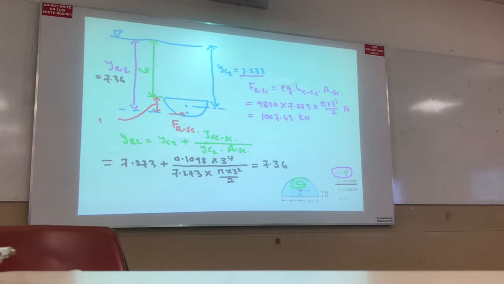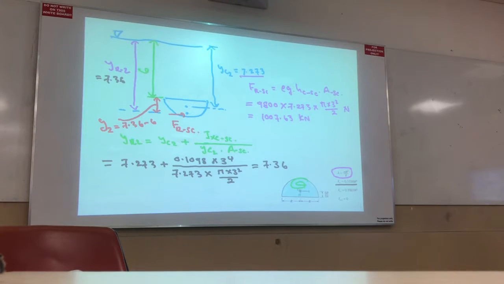You remember, this is Y2, which is equivalent to 7.36 minus 6, right? That means 1.36. Correct. Done. So my problem is solved. Correct? Done. Not very difficult. You have to work hard now. Correct? You have to do some step understanding.